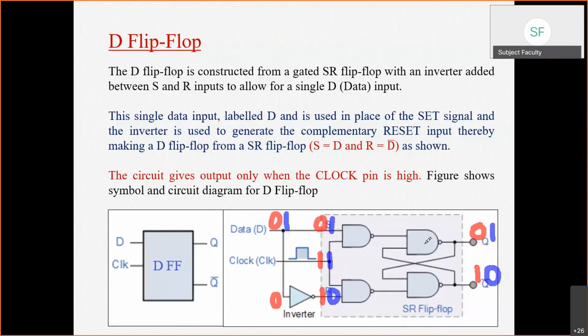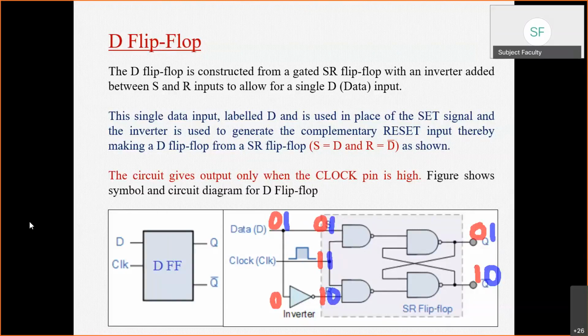Okay. How are we arriving at this conclusion? Directly, we are using the truth table of SR flip-flop. Okay, I'll just go back. Just remember this case, where we are getting Q equal to 1.